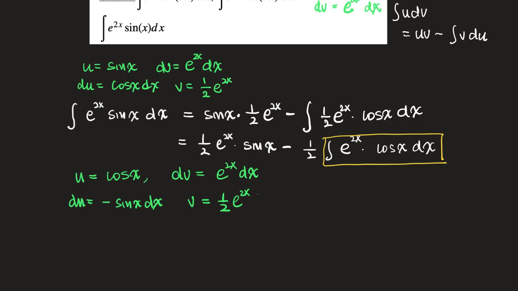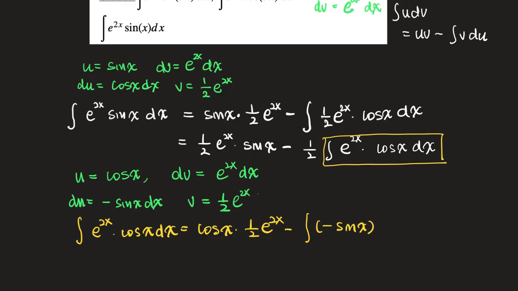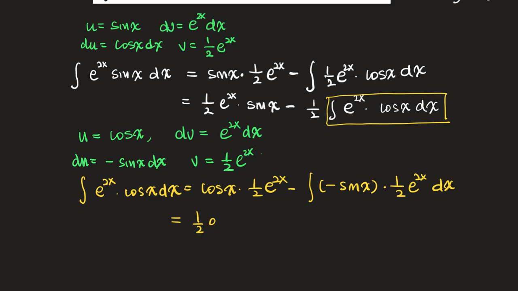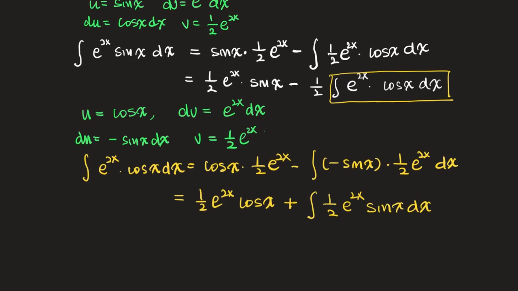Integral e to the 2x cosine x dx equals 1/2 e to the 2x cosine x minus integral minus sine x times 1/2 e to the 2x, which is 1/2 e to the 2x cosine x plus integral 1/2 e to the 2x sine x dx.